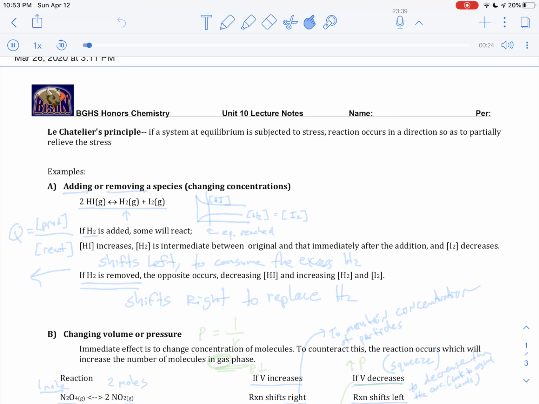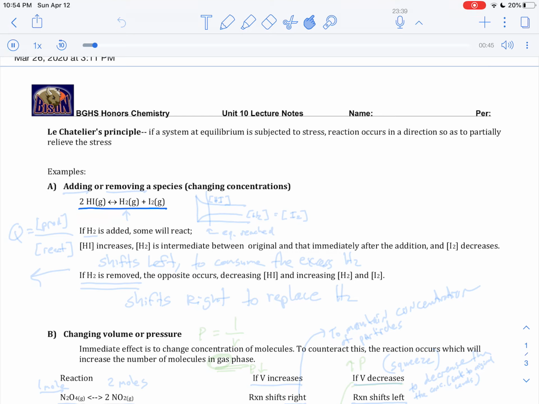In this example A, our reaction shows equilibrium between hydrogen iodide, breaking up and forming hydrogen and iodine gas separately. Once we get to equilibrium, we know we're going to have some concentration of both the reactant and the products.